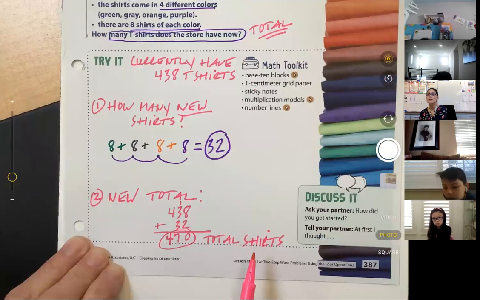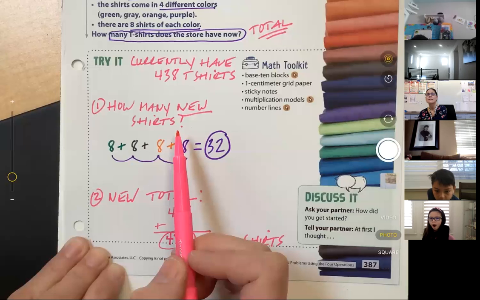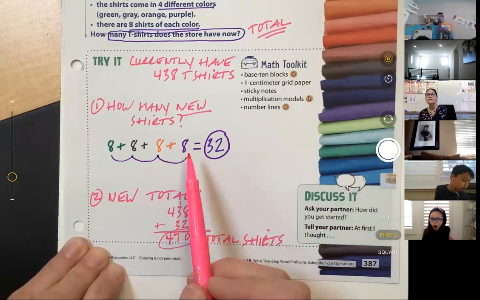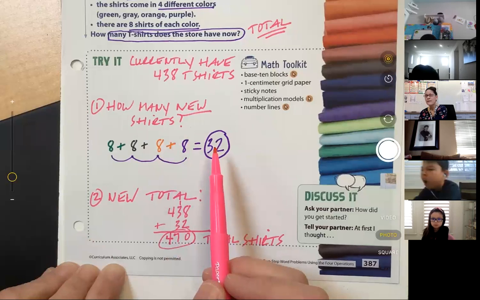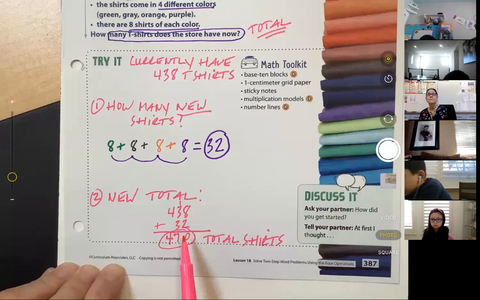Please pay special attention to the steps involved in finding the solution to this problem. You first need to add together the new shirts, and then you will need to add that to the current.